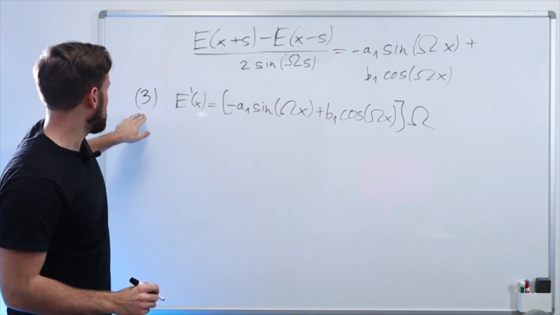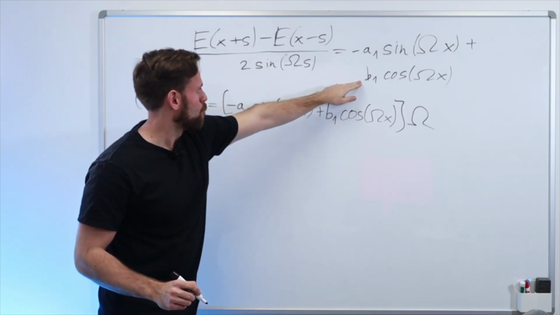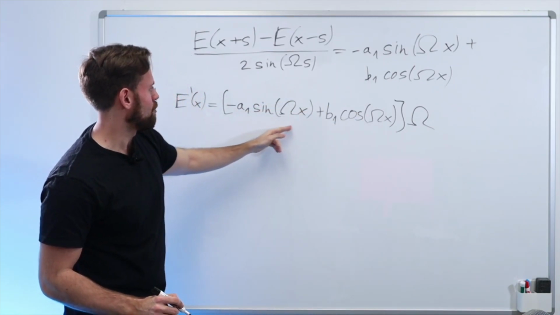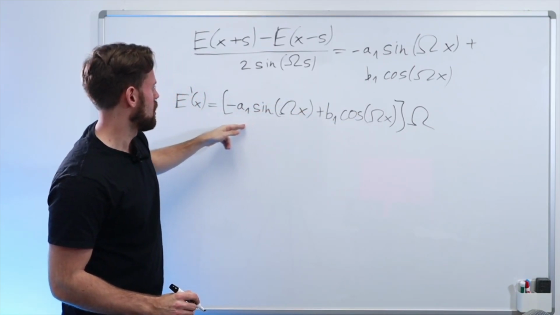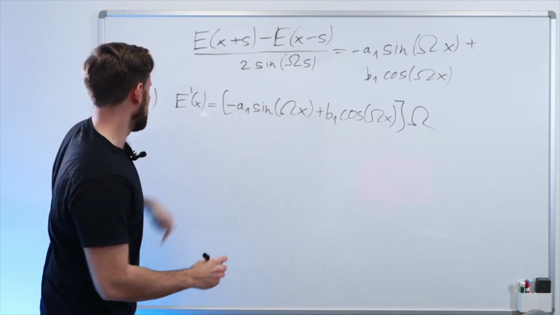Well, if we compare the third equation with the equation that we've derived here, on the right-hand side we actually have just the expression that is within the square brackets here. So let's substitute that expression in here.